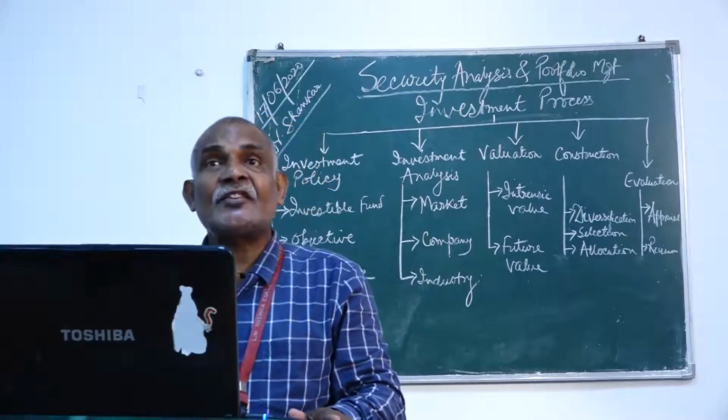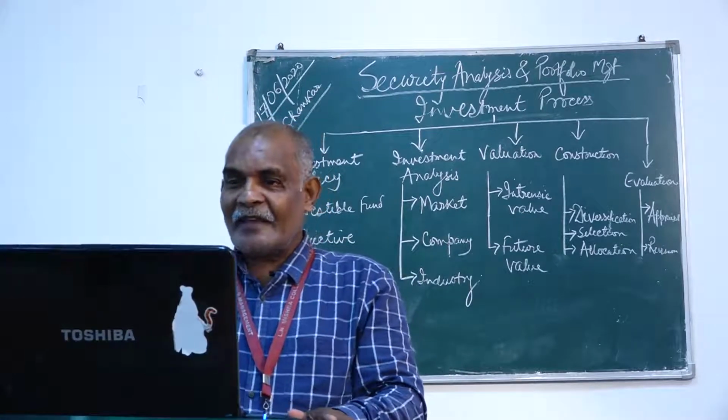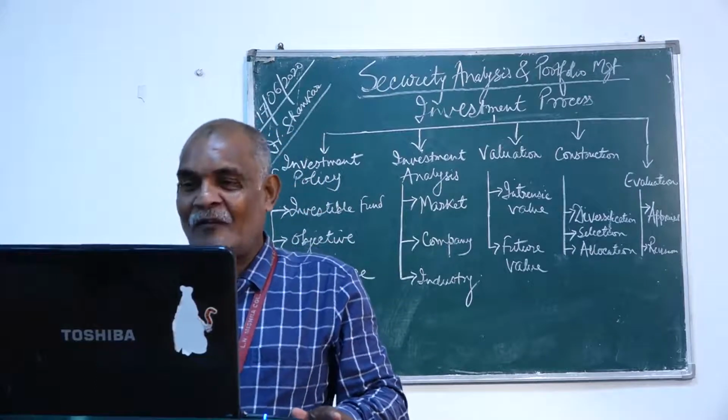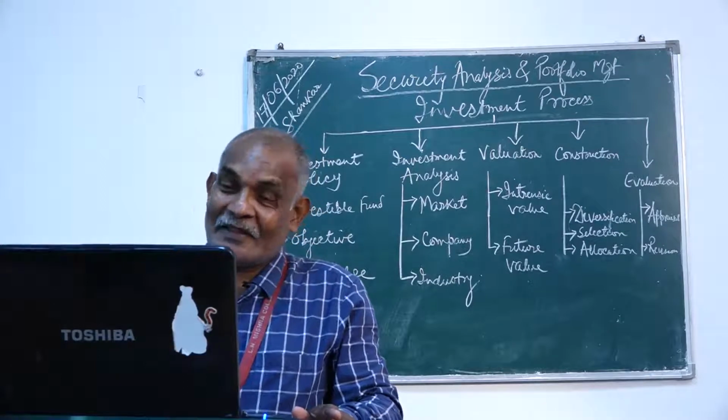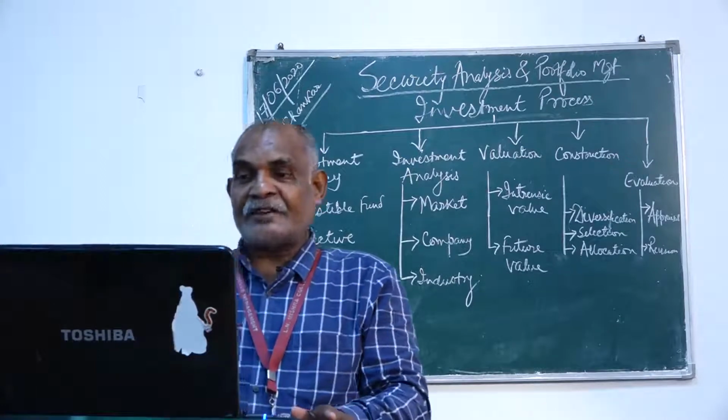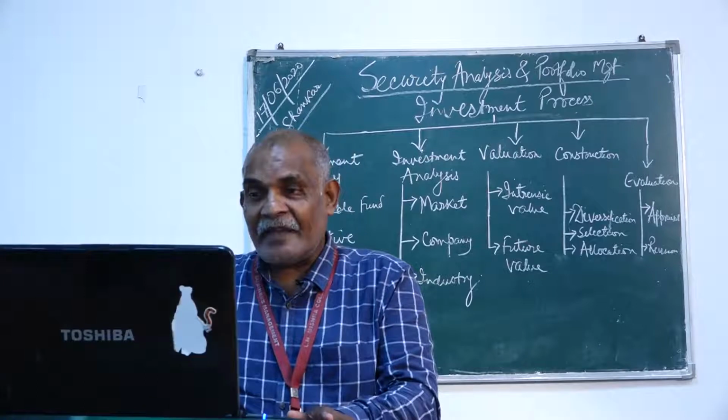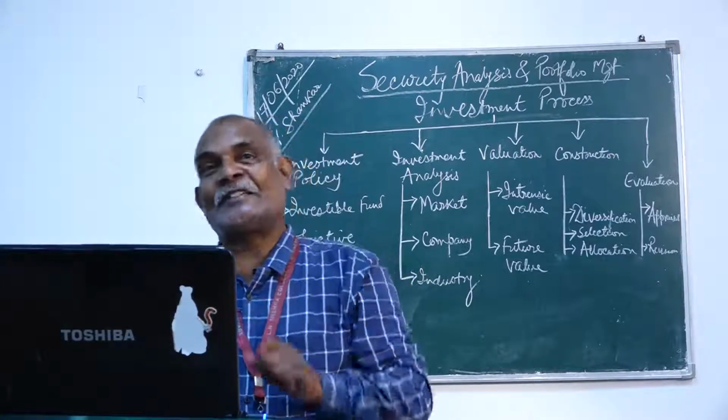The risk taker's objective is to earn a higher rate of return in the form of capital appreciation, whereas the primary objective of the risk averter is the safety of the principal.